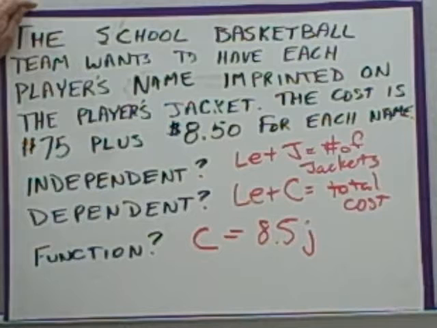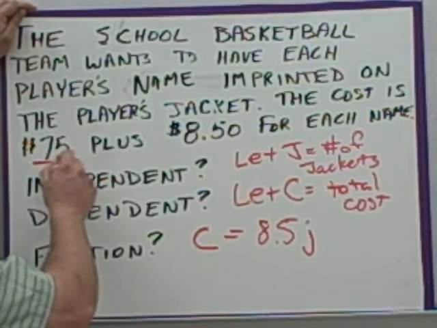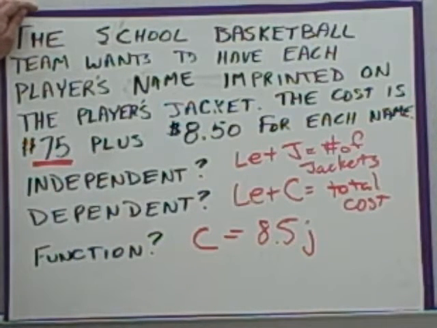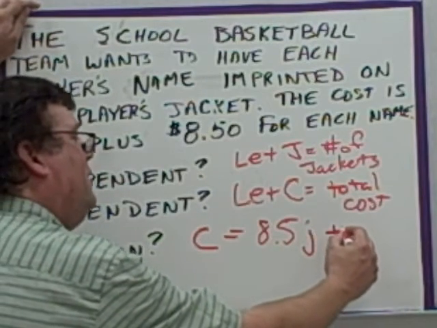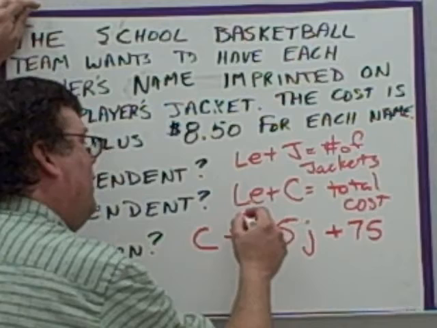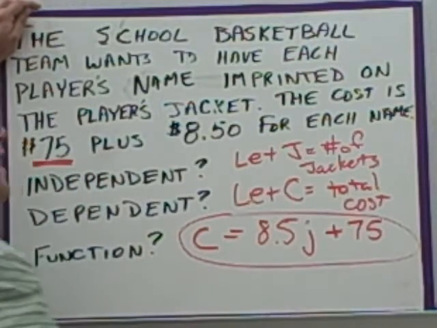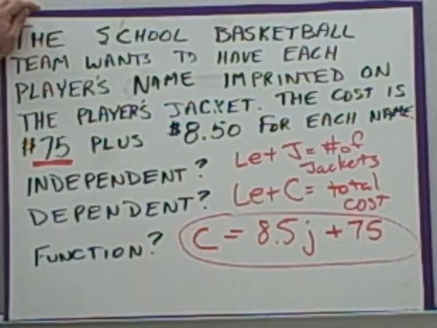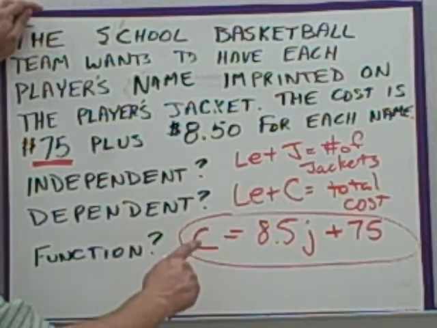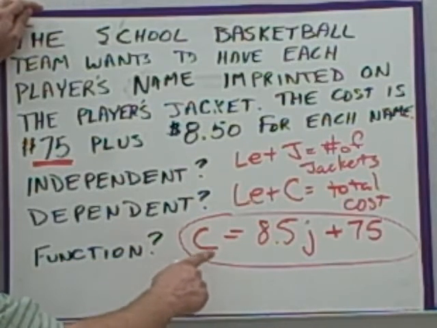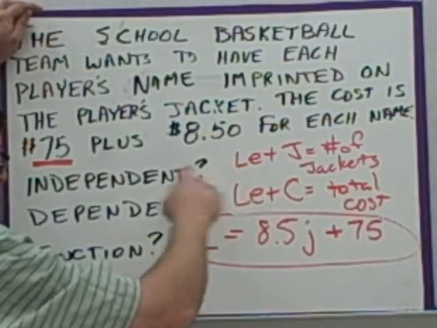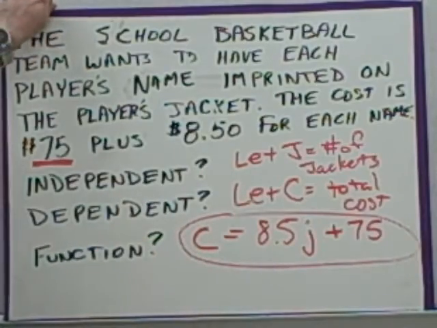Is that it? No. We also have this initial cost here of $75. That's a one-time cost, so it gets added on to the end, and there is your function. Declared variables, function, with the independent and dependent variables.